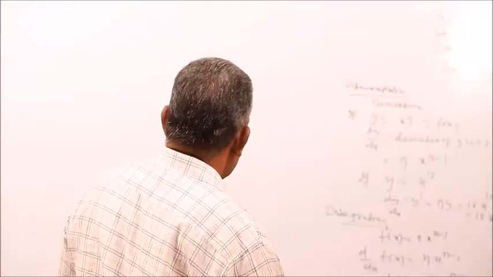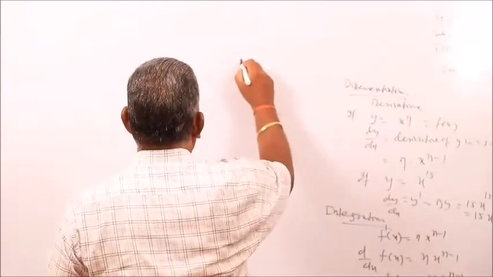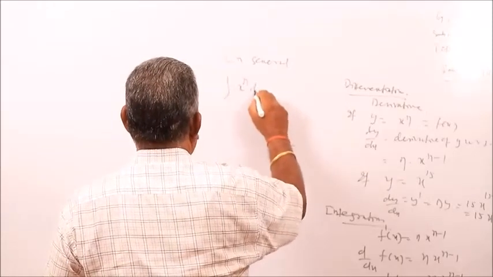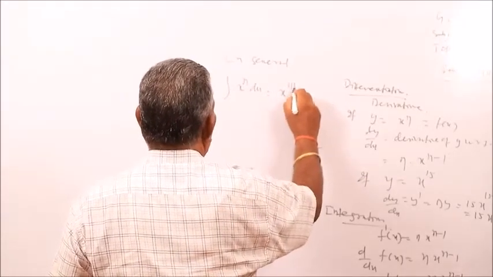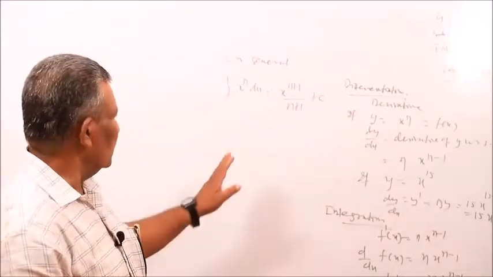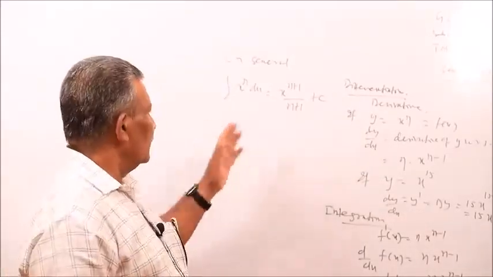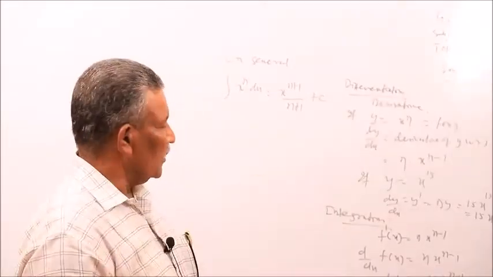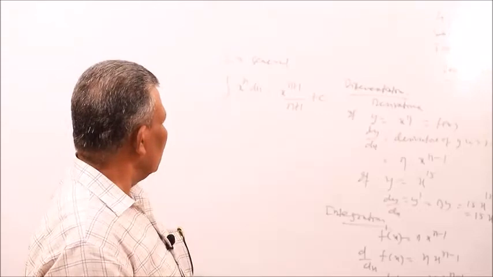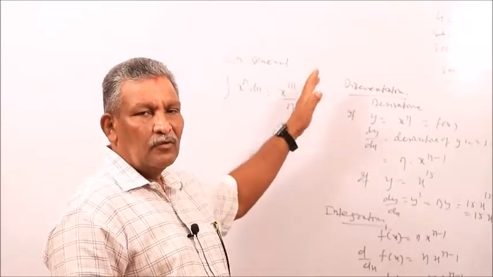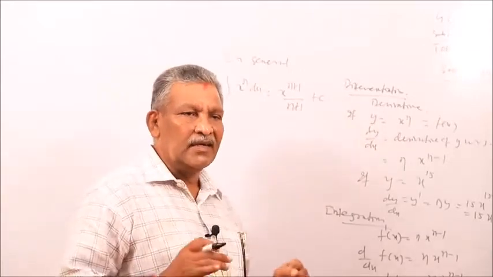So in general, integral of x to the power n dx equals x to the power n plus 1 by n plus 1 plus c. I am not going into detail on this for the time being; you will study it in detail in the calculus chapter. For solving problems, integral of x to the power n dx equals x to the power n plus 1 by n plus 1 plus c, where c is called the constant of integration.